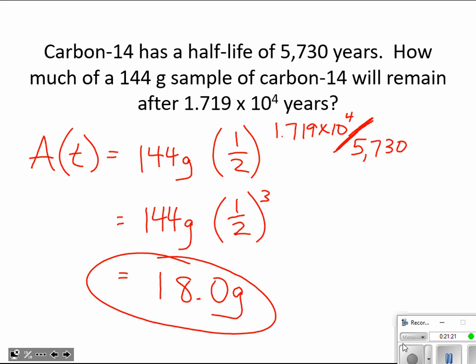So I have 18.0 grams remaining after 1.719 times 10 to the fourth years.